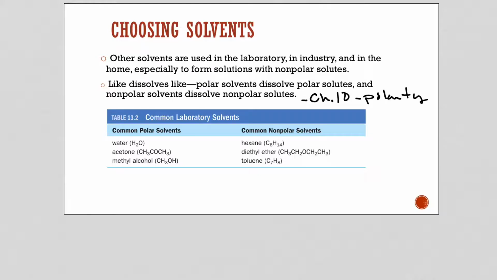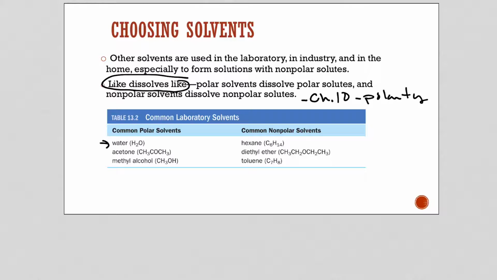And we explained that in the fact that polar materials like to mix with other polar materials, and non-polar materials like to mix with other non-polar materials. And this is what we follow when we try to make up solutions. We follow the saying that like dissolves like, meaning if we have a polar solute, then we're likely to want to use a polar solvent to dissolve it.